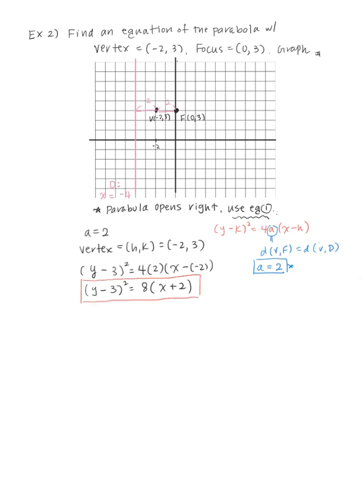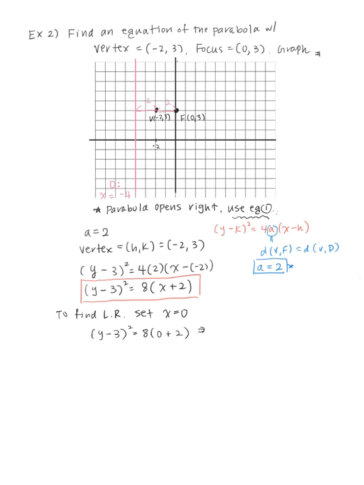Now to graph it out, we're going to have to find the latus rectum. To find it, you're going to have to draw a straight line through the focus, and that line has to be parallel to our directrix. I'm just going to denote it as LR. We're going to set x equal to 0 and plug that value into the equation that we just got. So y minus 3 whole quantity squared equals 8 times 0 plus 2.